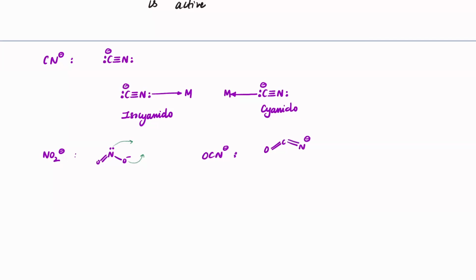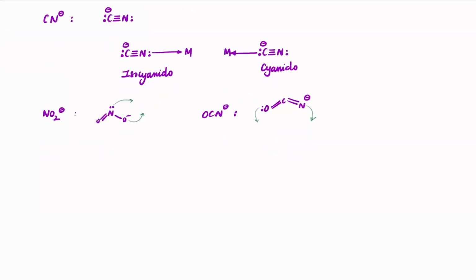Because of the lone pair present here, it can donate from this end also, or it can donate from this end also. Few more: SCN minus. In SCN minus, sulfur is connected with triple bond N. This has a lone pair, and sulfur has a lone pair also. So connection can happen from sulfur and also from the nitrogen end. Got it?